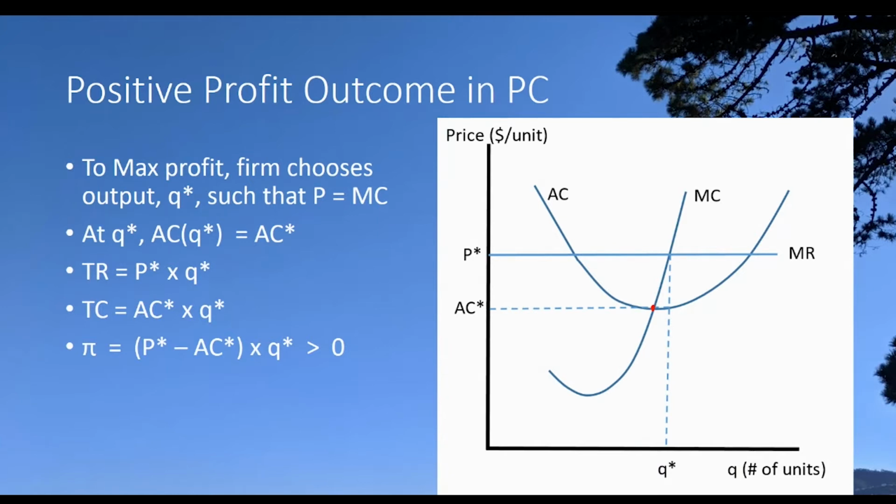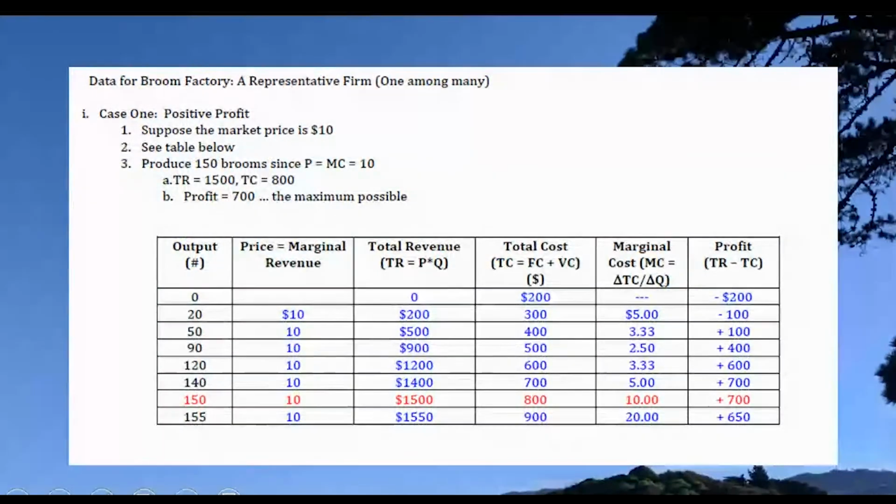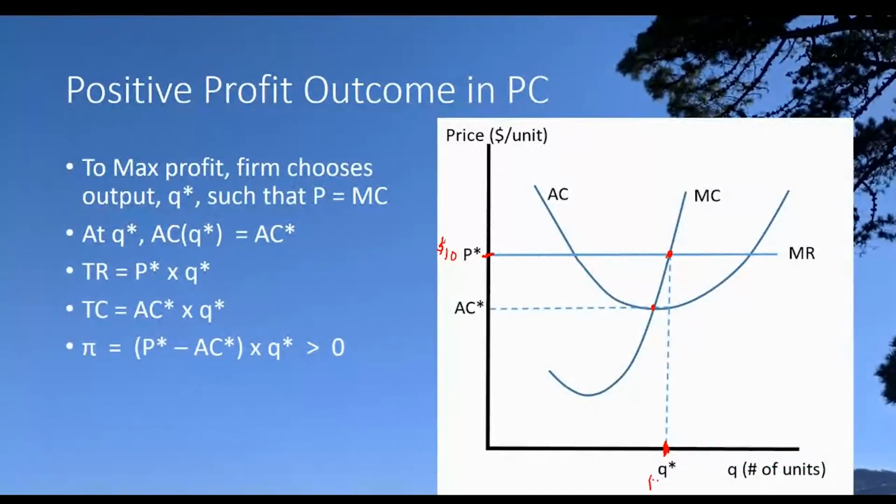Now, the price at P star. P star before is what we said was $10. We're going to take that $10 and find the quantity level that sets that price equal to marginal cost. That's going to give us a quantity from the numbers before. What was that quantity? 150 units. So matching up what we had before, that Q star is going to be at 150.